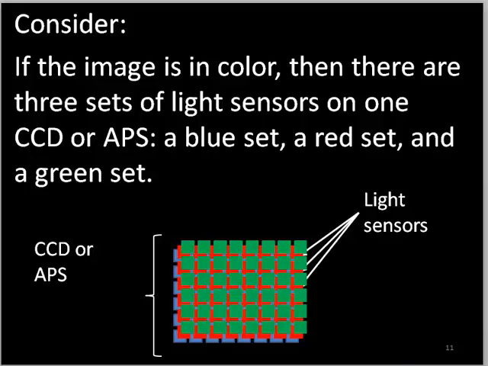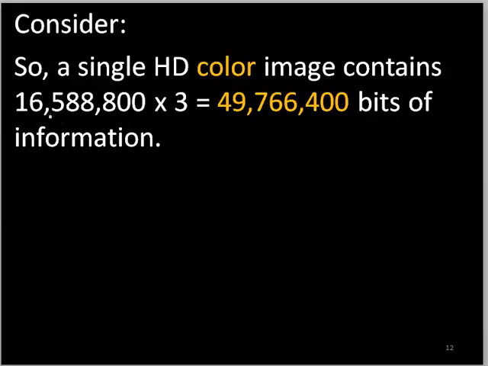How will this affect the number of bits of information that we get from each image? If the grayscale image gives us approximately 16.6 million bits of information, the color image gives us 3 times that much information, 49.7 million bits of information.